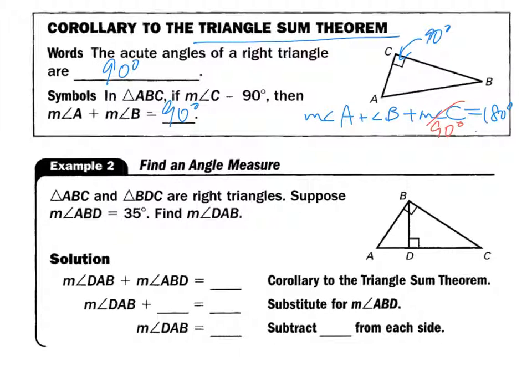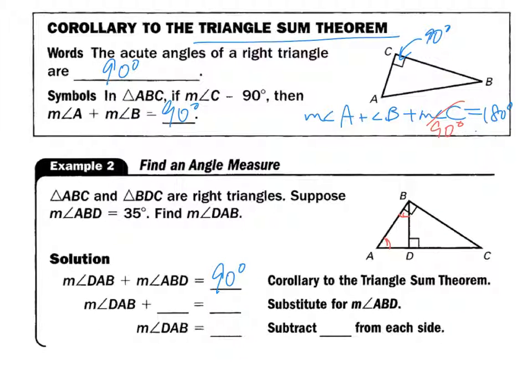Now let's see how we can use that. Angle ABC and angle BDC are right angles. So we have two 90-degree angles there. Suppose angle measure ABD, which is the small angle right here, is 35. And we need to find DAB, which is this angle here. How do we approach that? We know that DAB and ABD have to add up to 90 degrees, right?